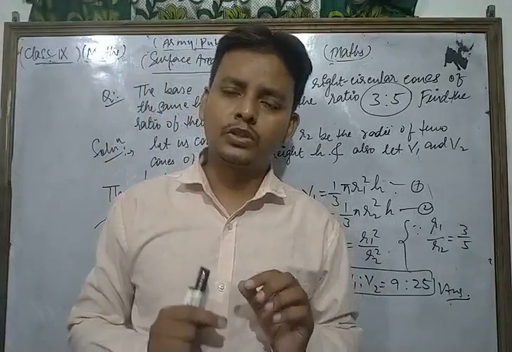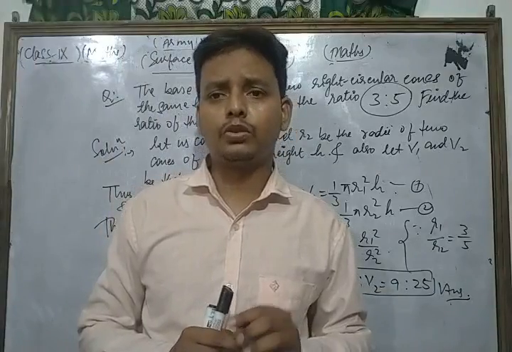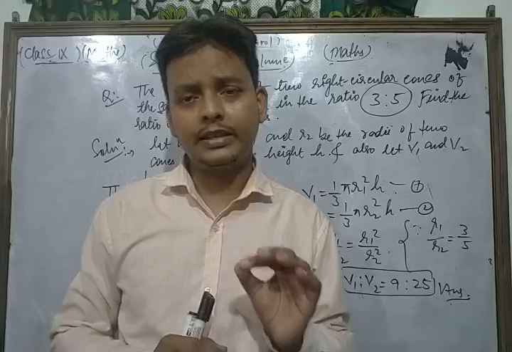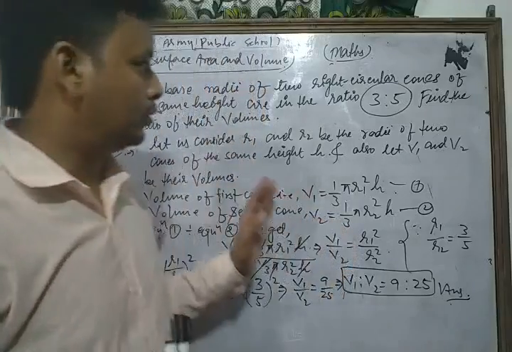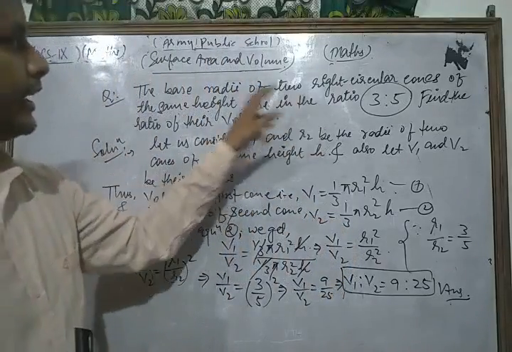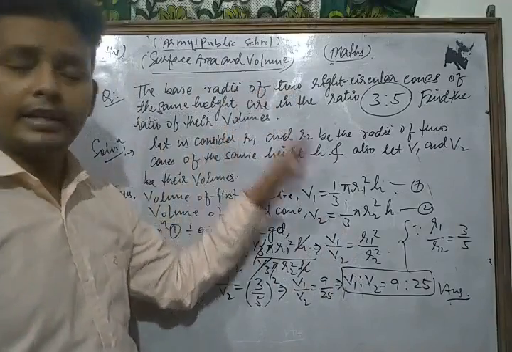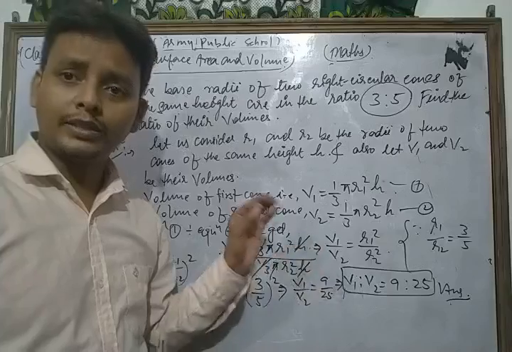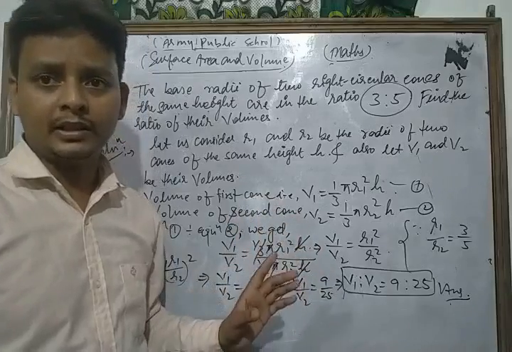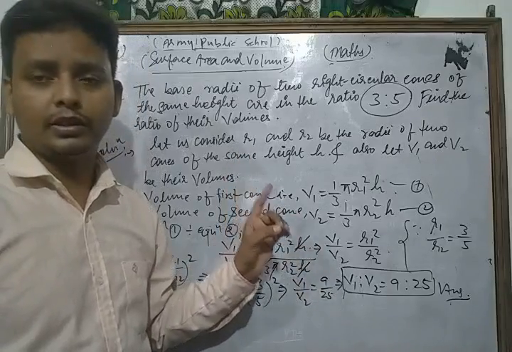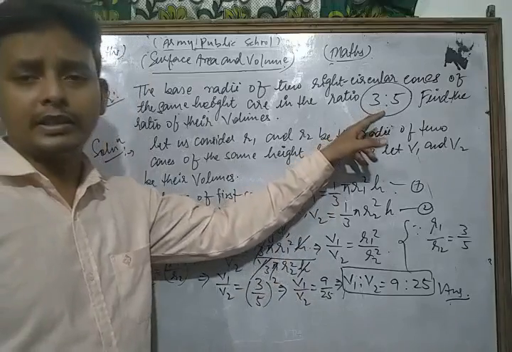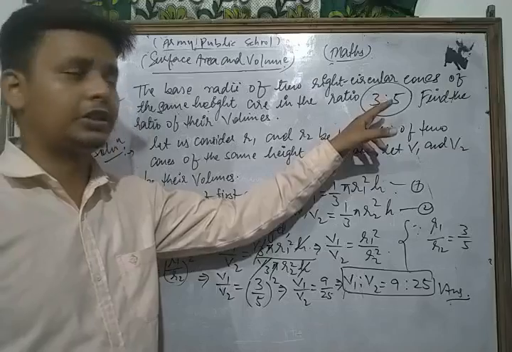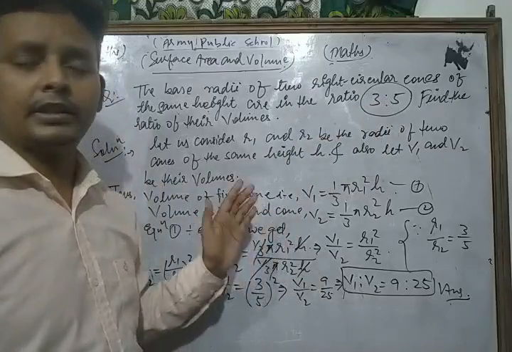After that you can solve each and every question of your NCERT exercise based on these topics. Let's see once more. In this question we have two cones of the same height but different radii, the ratio of the radii of their bases is given as 3:5, and we have to find the ratio of their volumes.